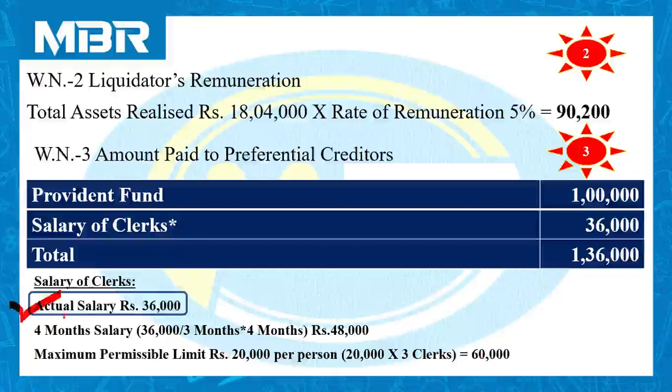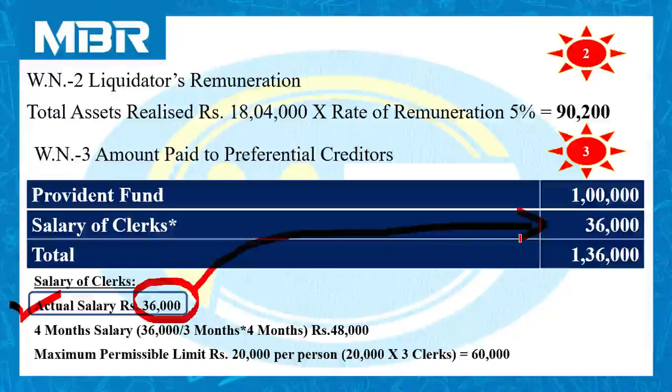Out of these three, the minimum amount is 36,000. That is why I have inserted the figure of 36,000 as preferential creditors for salary of clerks, and the total amount of preferential creditors is rupees 1,36,000. 1 lakh rupees for provident fund and salary of clerks 36,000.